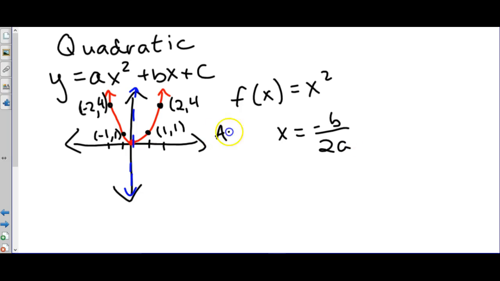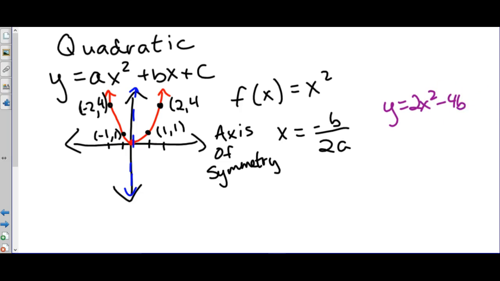So for example, if you had y equals 2x squared minus 4x plus 3. Sorry, I wrote that wrong at first, it should say 4x.